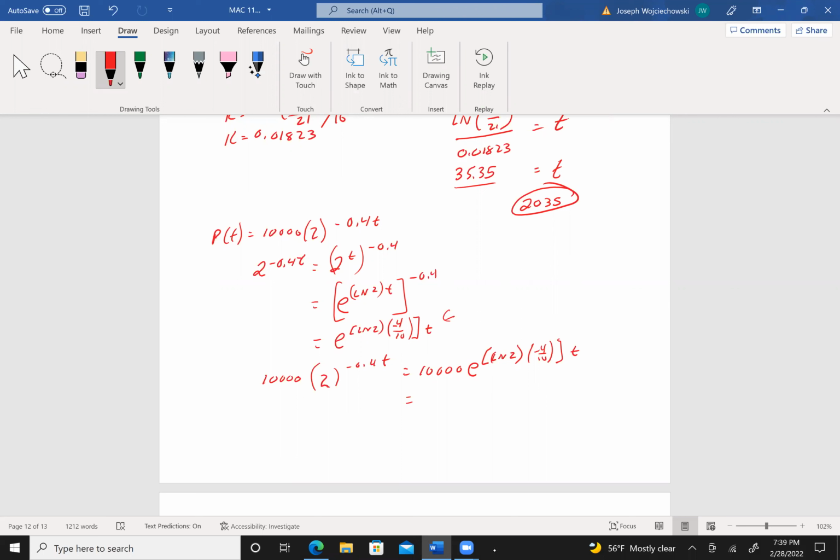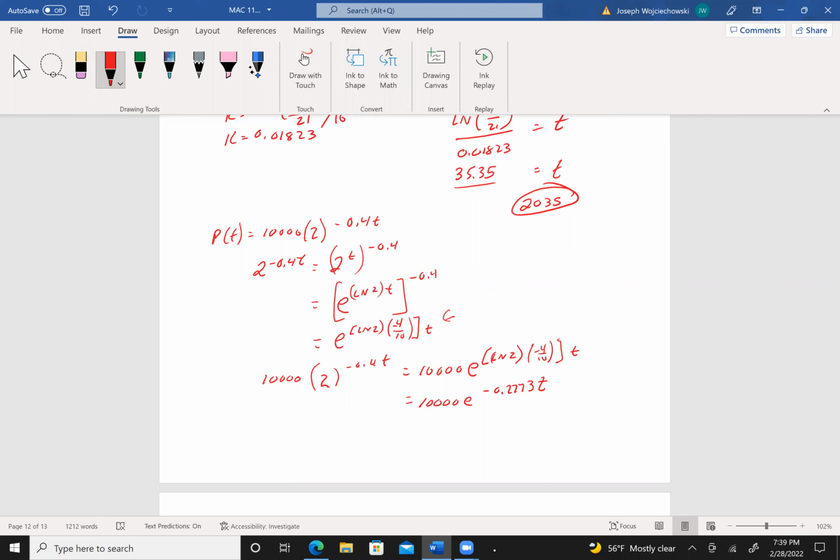And we get 10,000 E equals -0.2773 T. So this equals 10,000 E to the negative 0.2773 times T. Okay, that's our formula.